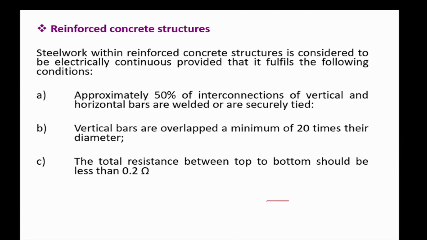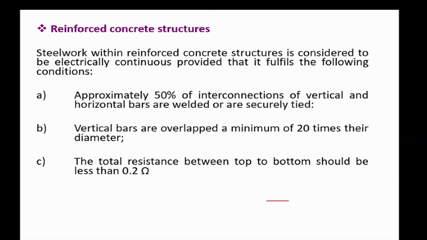And also, you can use the natural components for down conductors as well. The most common natural component that you can use for down conductors is the reinforcement structure of the building, the steel reinforcement.